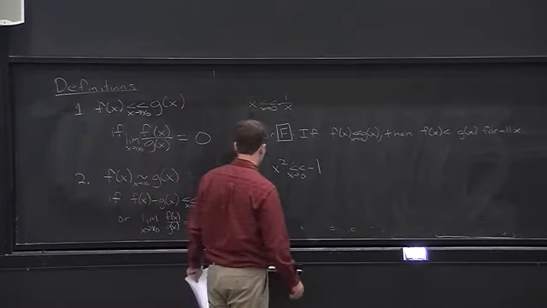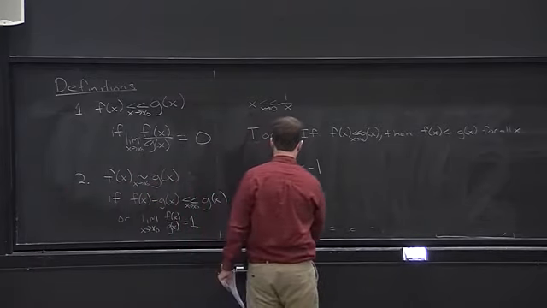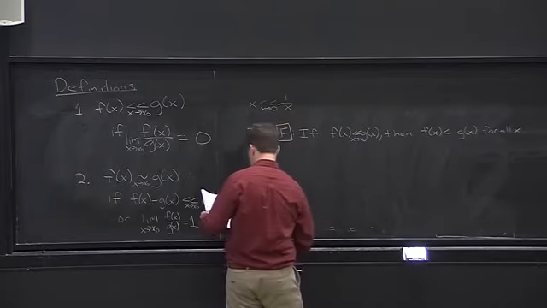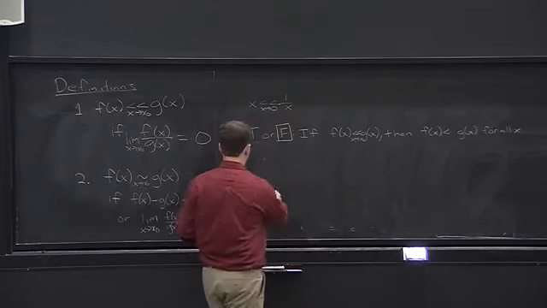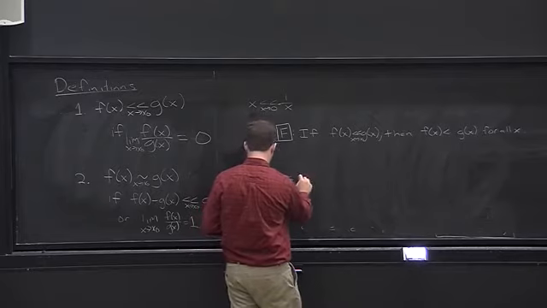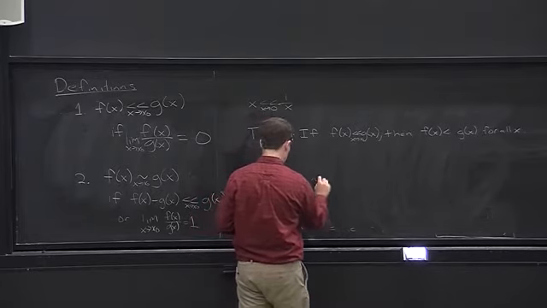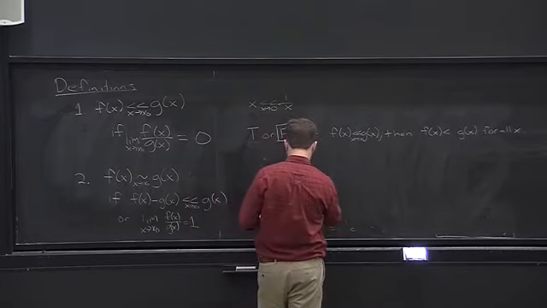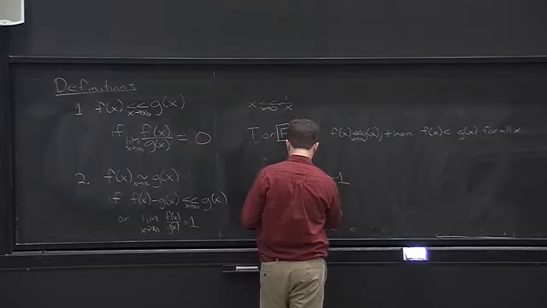Okay, so some examples. Very simple example: cosine of x is asymptotic to -1 as x goes to pi.